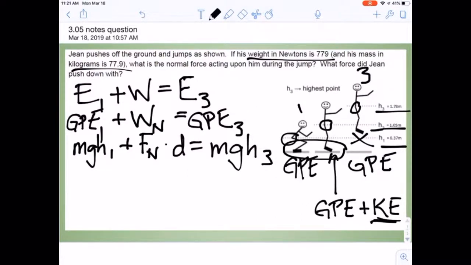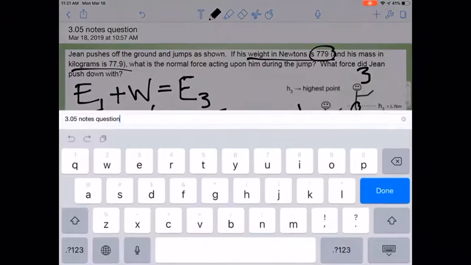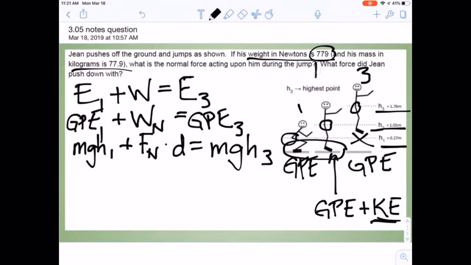Okay, so what we've got here, I'm going to plug in. Technically, if his weight is 779, that's force of gravity, Fg, and Fg equals mg, so I'll just plug that in. So for mgh, I'll do 779 times height 1, which is 0.37.